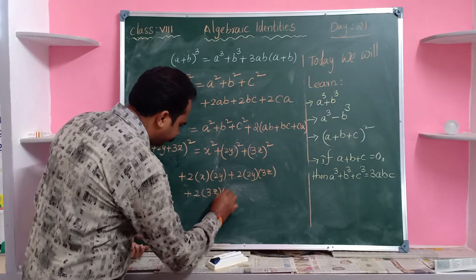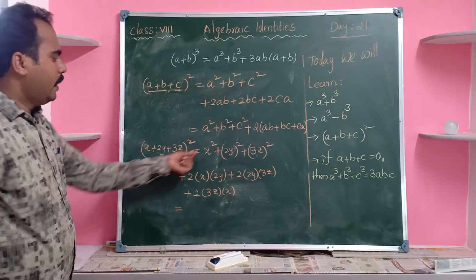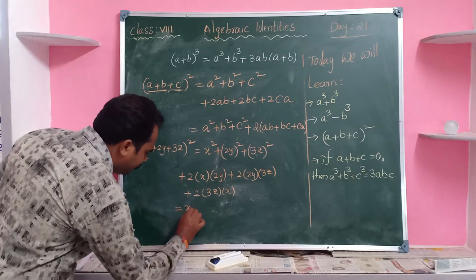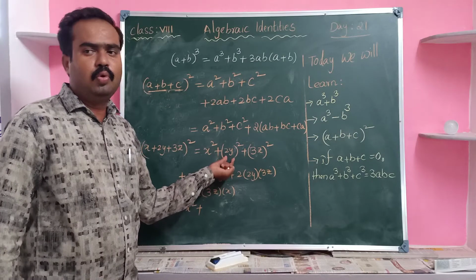So that is equal to x square plus (2y) whole square.